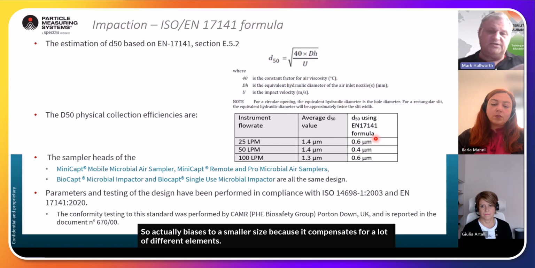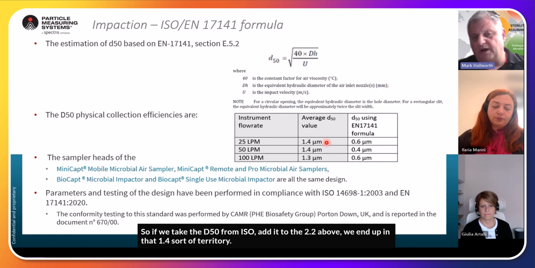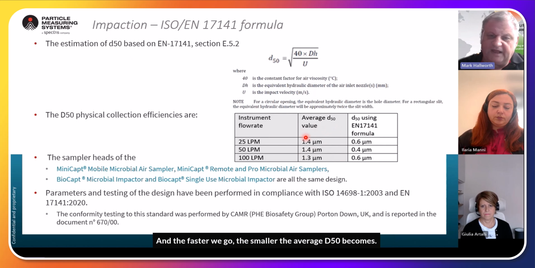So it actually biases to a smaller size because it compensates for a lot of different elements. So if we take the D50 from ISO, add it to the 2.2 above, we end up in that 1.4 sort of territory. And the faster we go, the smaller the average D50 becomes.